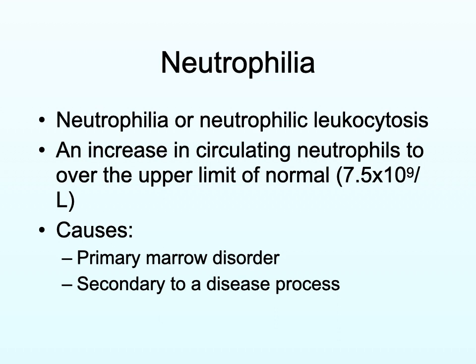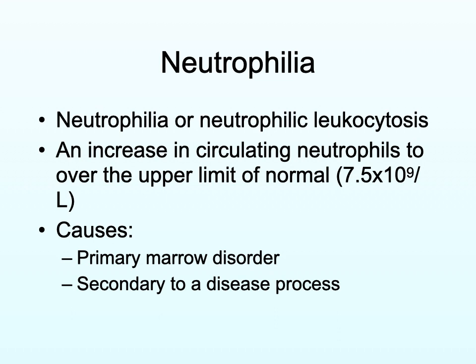Neutrophilia or neutrophilic leukocytosis is an increase in circulating neutrophils above the expected in a healthy individual. This represents an increase in the neutrophil counts above 7.5 times 10 to the power of 9 per liter, and is one of the most frequently observed changes in full blood count.